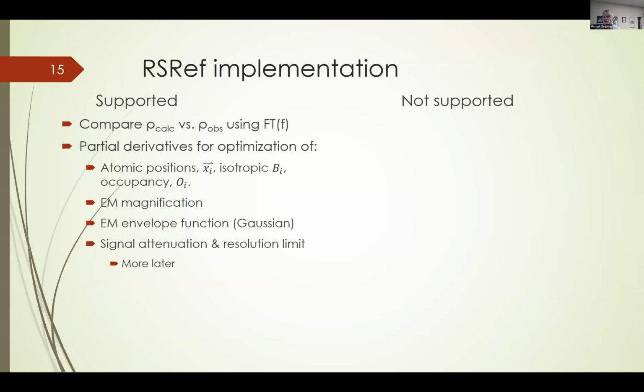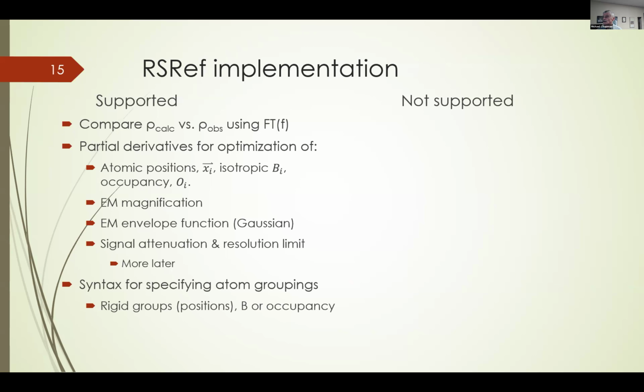We can also do gradient descent optimization of magnification, as we can for various electron microscope imaging factors, including the envelope function. We can also refine a signal attenuation function and a resolution limit. We'll talk about that more later.